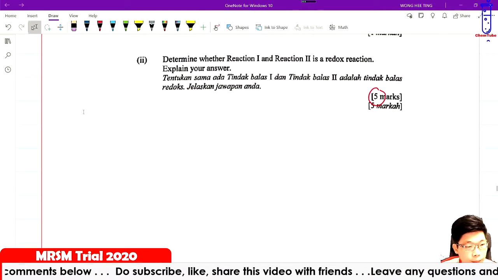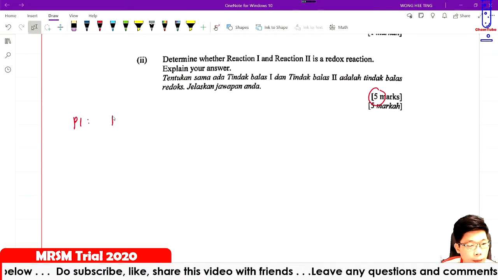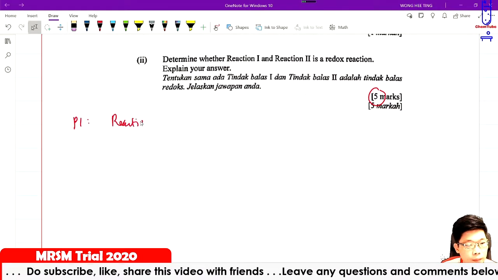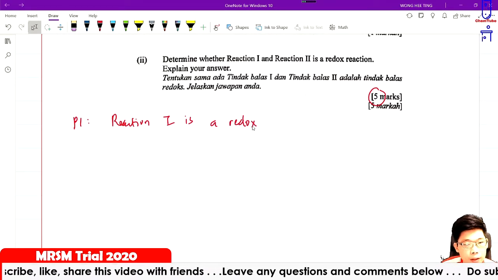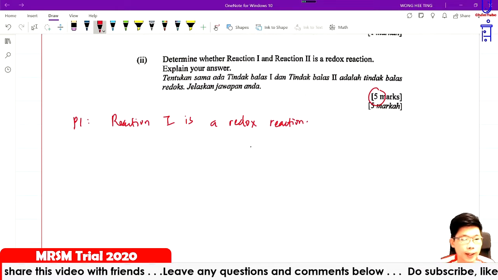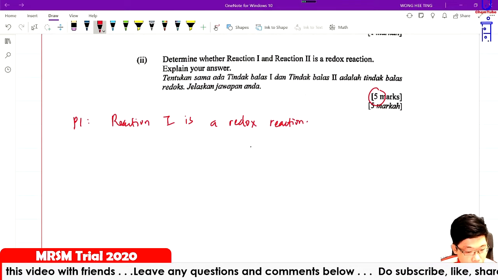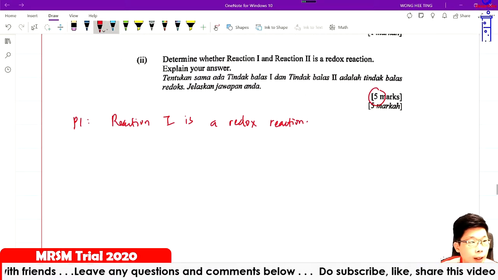So here, let's say we write point number 1: reaction 1 is a redox reaction. You have to explain why it is a redox reaction. Here I can show you.